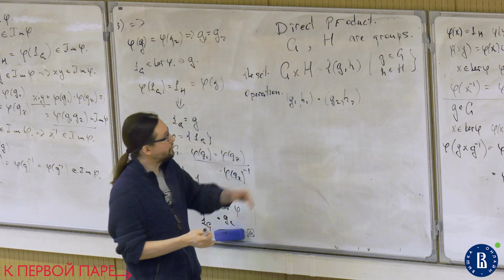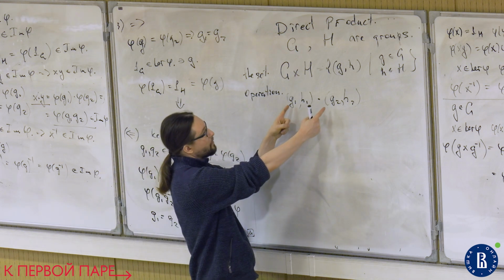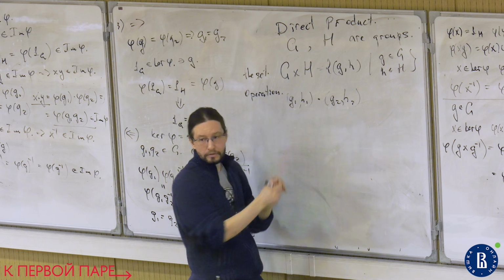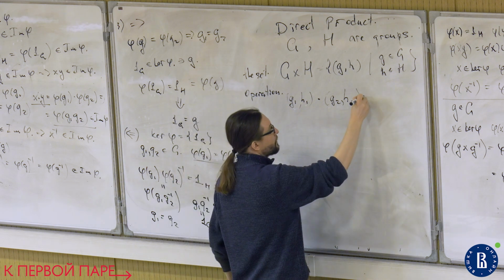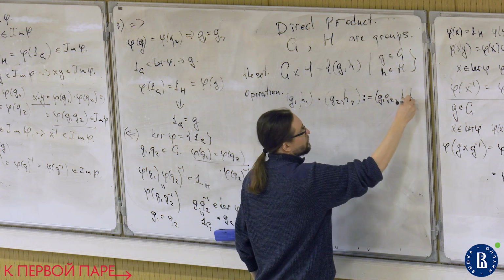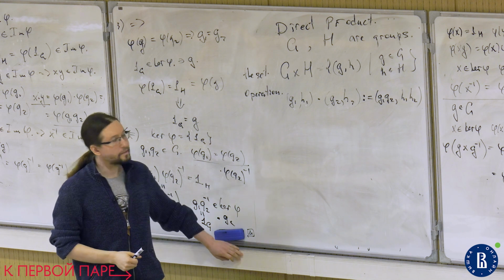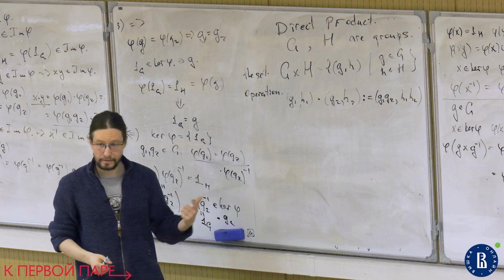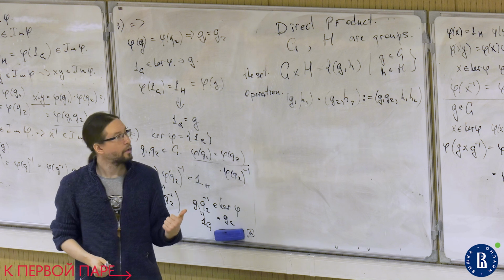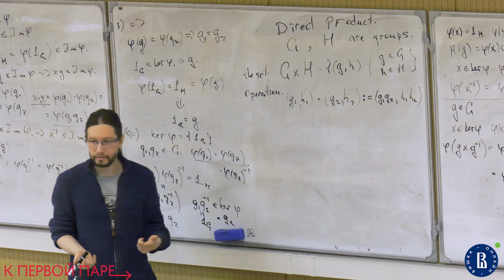And there is the simplest way how to define the product: just to multiply the pairs element-wise. So let's just define this like this. So this is the operation. So now we have the data for the group. Since we have the data, we can check the axioms.